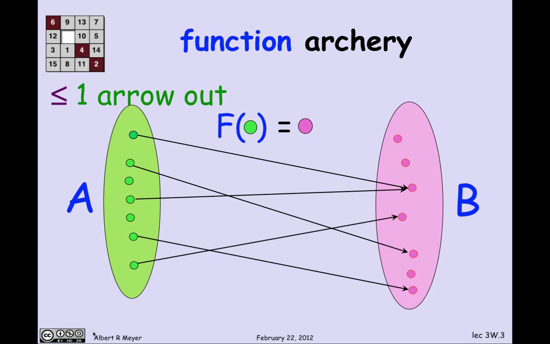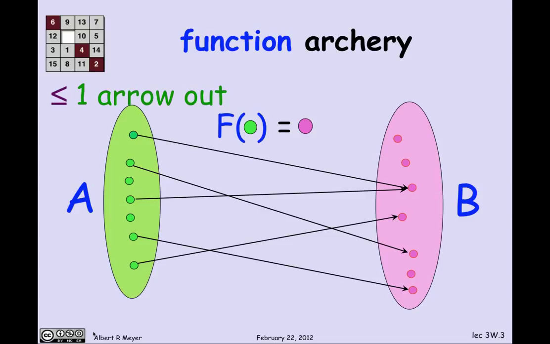And we already observed one aspect of arity and arrows, that the concept of a function could be captured by saying that there was less than or equal to one arrow out of every element in the domain. That implied that there was a unique other end of an arrow out of a domain point, called the value of that point under the relation, which is in fact a function f.